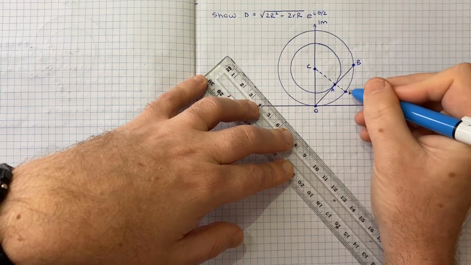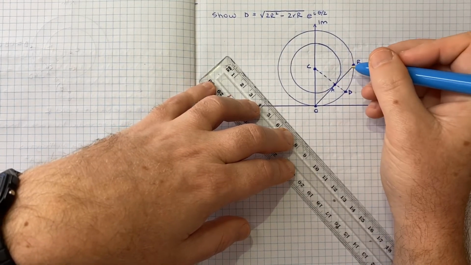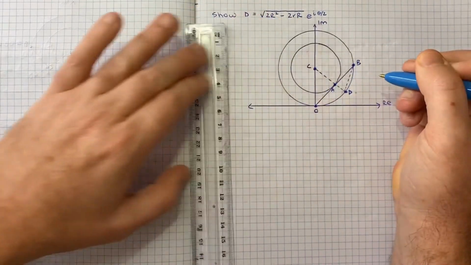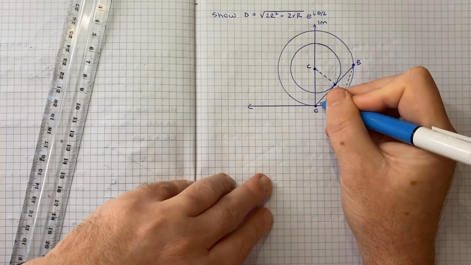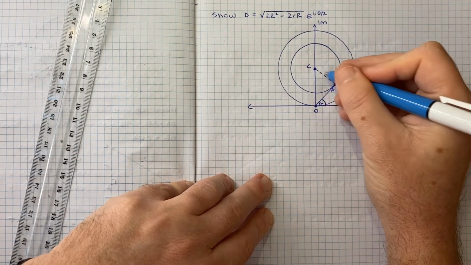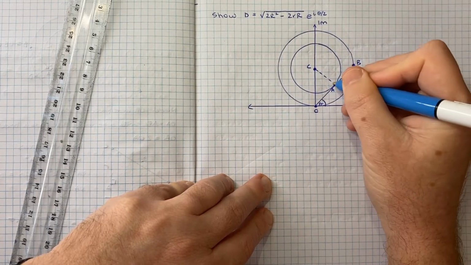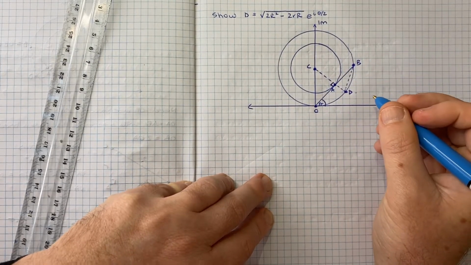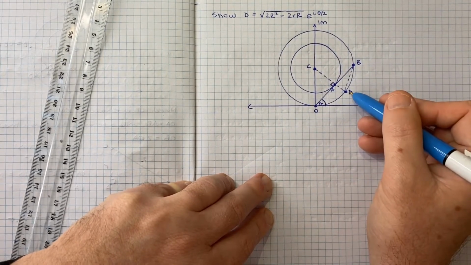What is the complex number for D? We were told this was theta. We worked out that CAO is a right angle, and now we're looking for D.